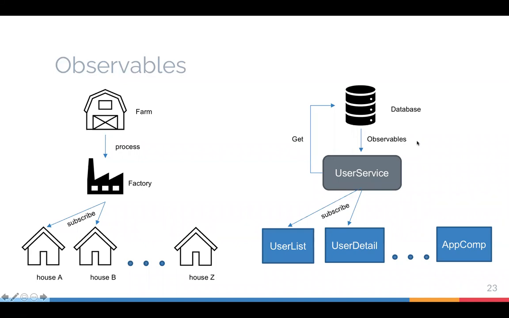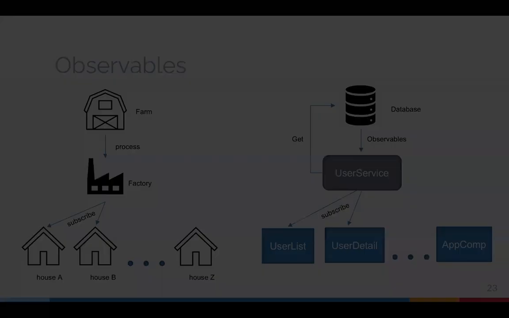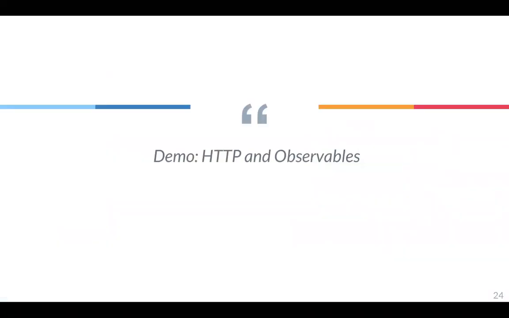Usually we'll create an interface and then cast it into the user list. Only the user list and user details components that subscribe to it will get the response from the user service. The other components will not get it until they subscribe to the user service. Right, so here's what we are going to demo.